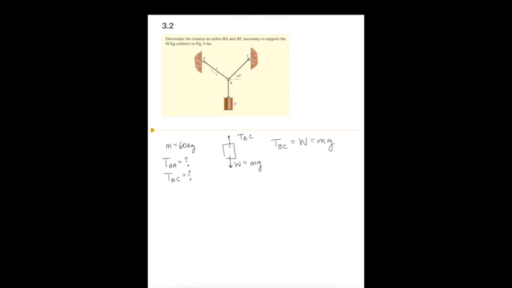So we can already solve for that. We can plug those numbers in. We know that it's a 60 kilogram mass. We multiply it by 9.81, the gravitational constant, to find that the tension must be 588.6 newtons.